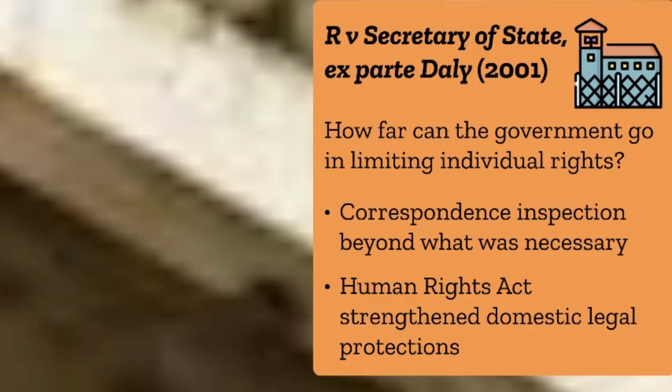And so the human rights here actually strengthen domestic legal protections, that whilst the UK government may have felt that it was fine to do this, the European Convention on Human Rights said that it wasn't. So a really important landmark case of international laws, international human rights affecting UK law.